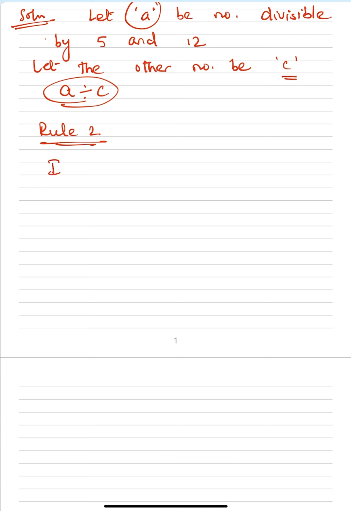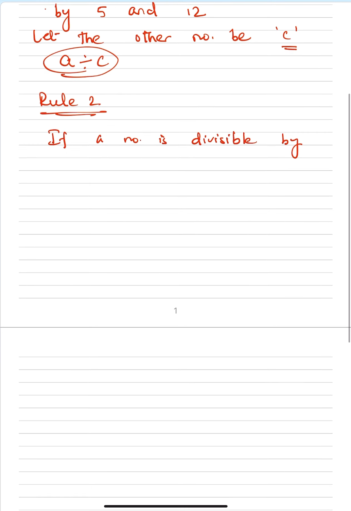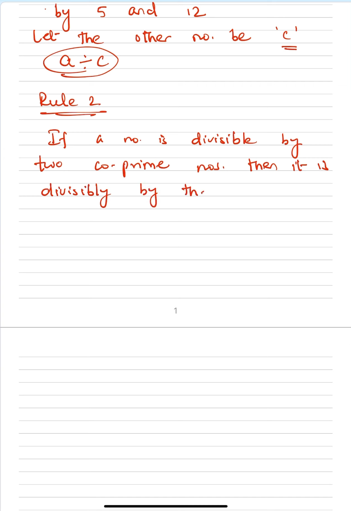That if a number is divisible by two co-prime numbers, then it is divisible by their product also. This is what rule number 2 tells us.